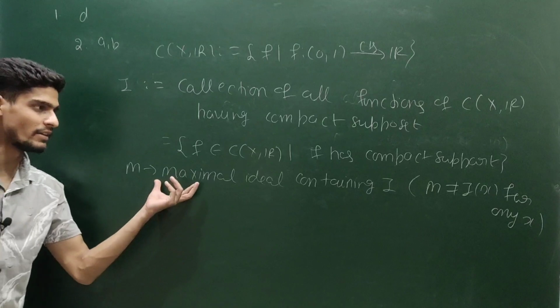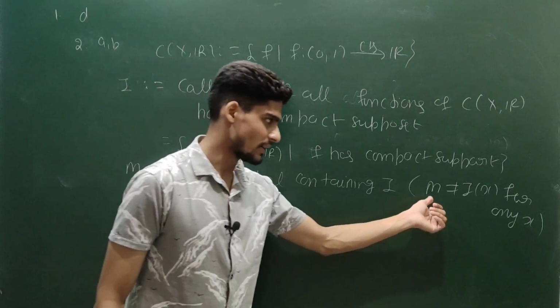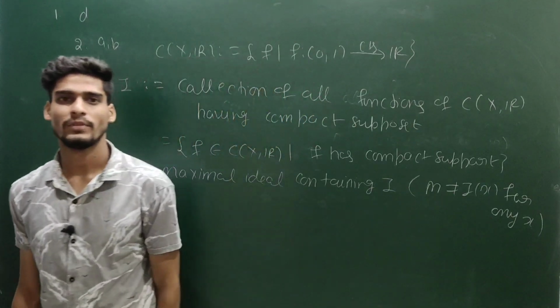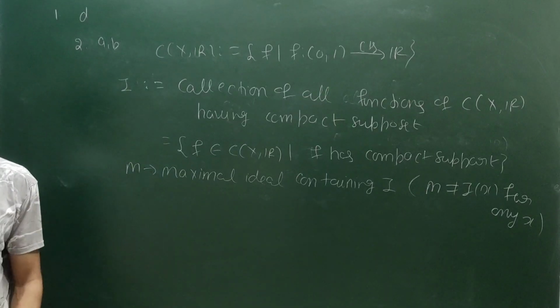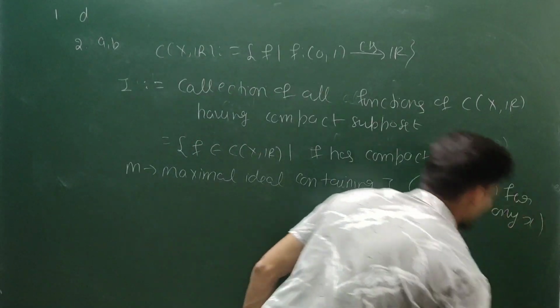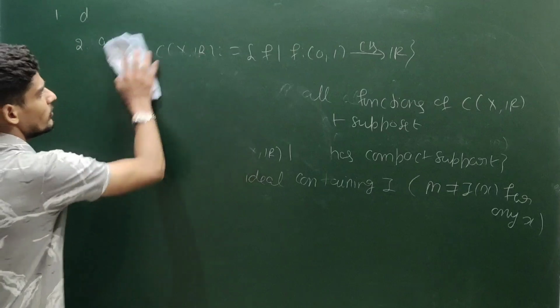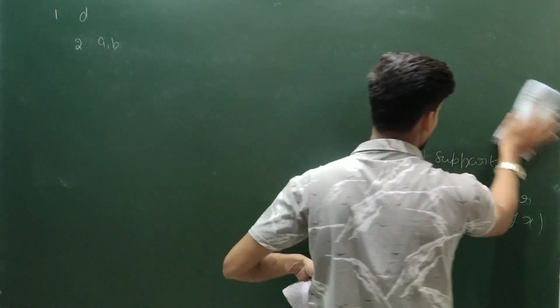So if you can construct this, you can construct a maximal ideal which is not of this form. So this will be the example for this, and I am not going into very much detail because it is not for ring theory, it is for the functional analysis and topology part.